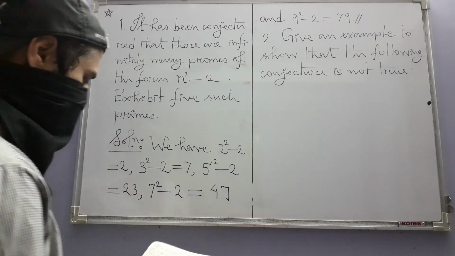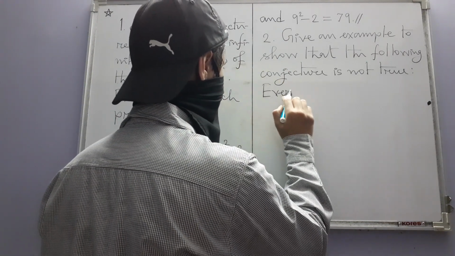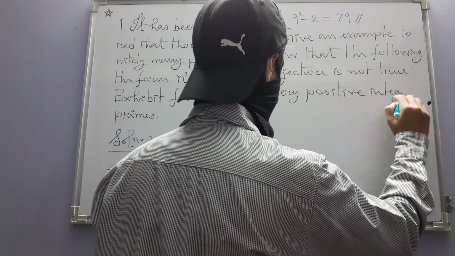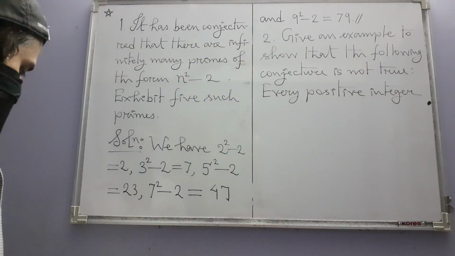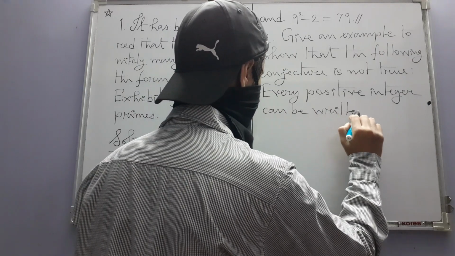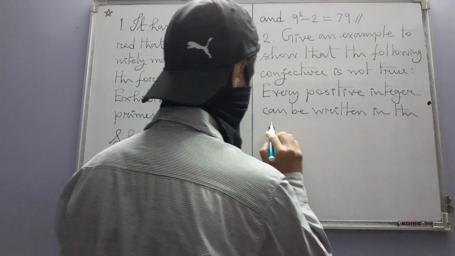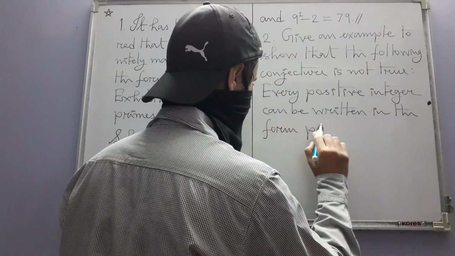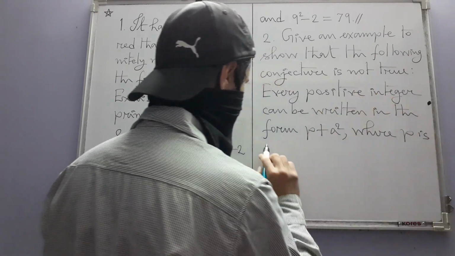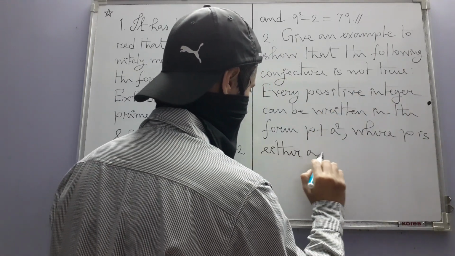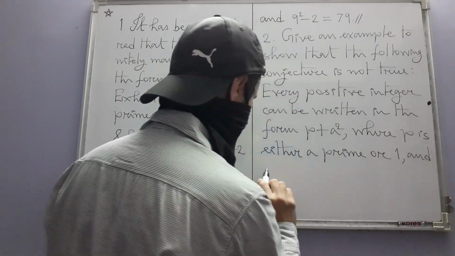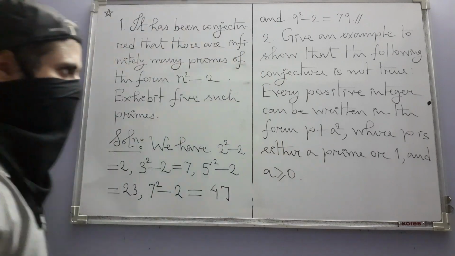And the conjecture is this: every positive integer can be written in this form, in the form p plus a square, where p is either a prime or 1 and a is a non-negative integer. So that's the conjecture.